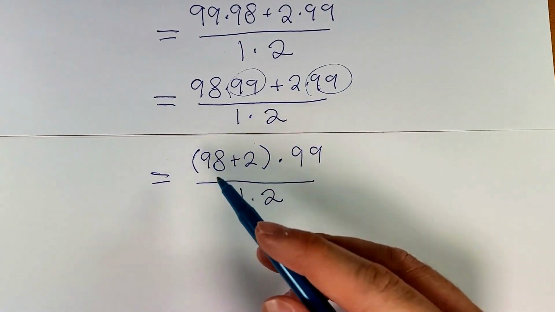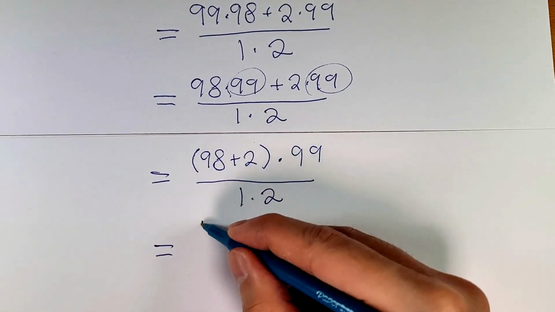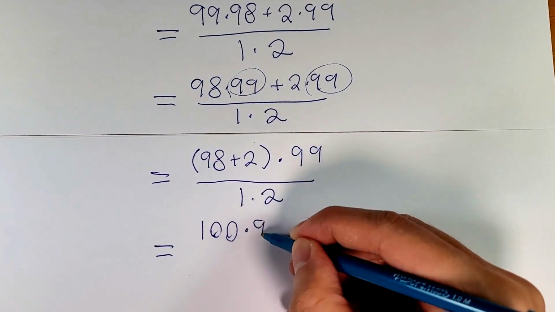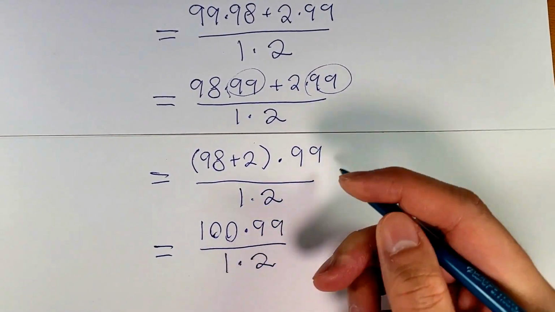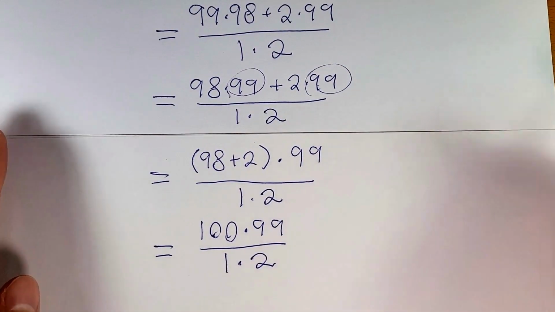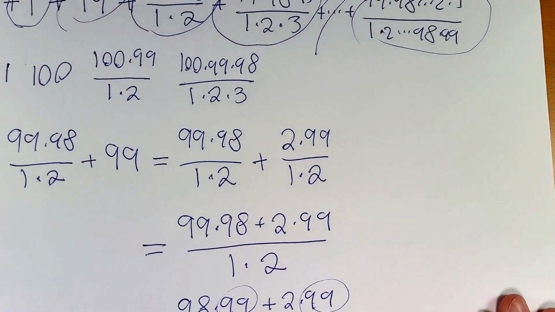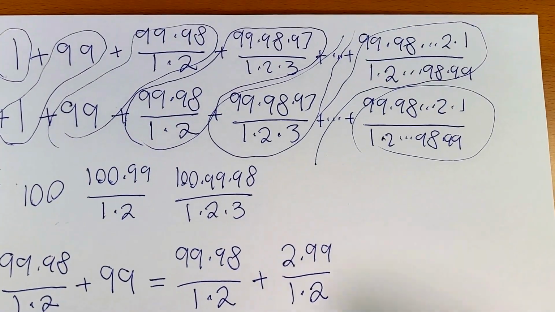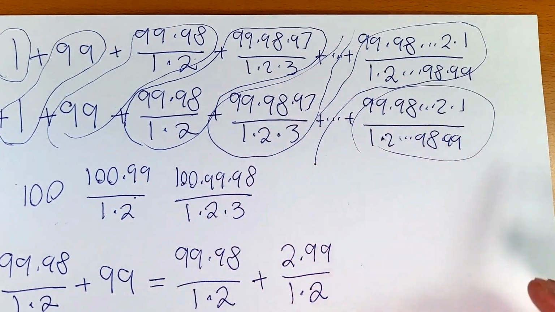And now we notice that since 98 plus 2 is 100, we get 100 times 99 over 1 times 2. And notice that this number plus this number equals this number.